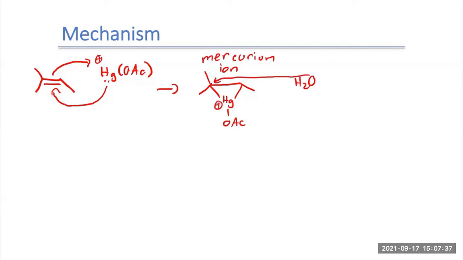When that happens, the electrons from the bond here move up onto the mercury. So now we can see we have our mercury on one side and our alcohol is on the more substituted side. And this results in our organomercurial alcohol.